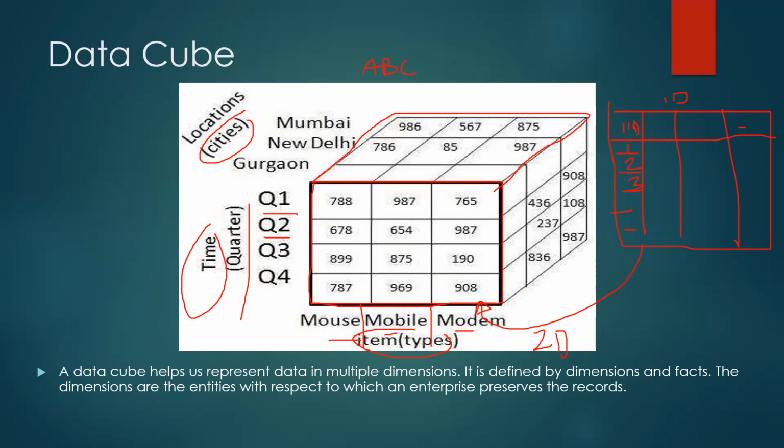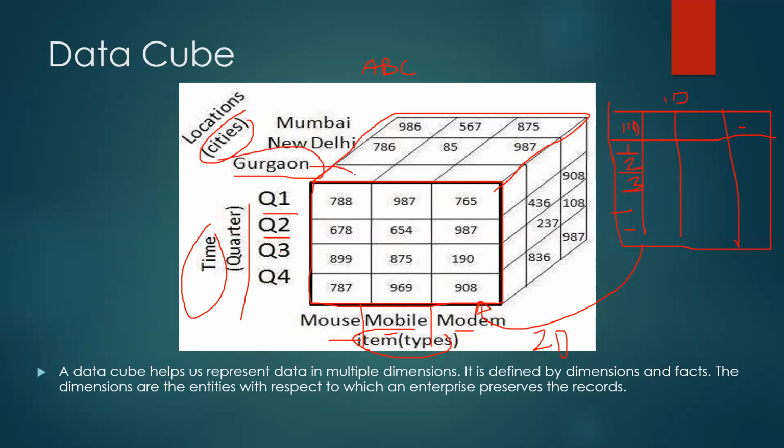But now if you just focus on the two-dimensional part, what do we see? We see mouse, mobile, and modem for 4 quarters. Now, let's say we take Gurgaon as an example.